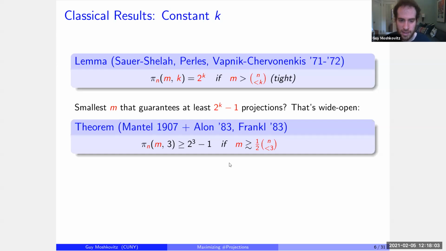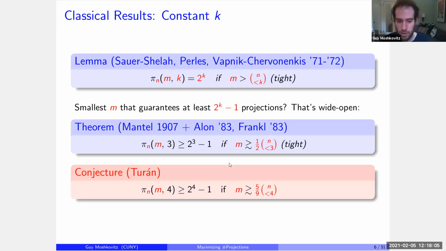What about the next case, k equals 4? By the same logic that I just mentioned, this is equivalent to Turán's conjecture on the extremal number of the complete 3-uniform hypergraph on 4 vertices. Okay, which is infamously open.